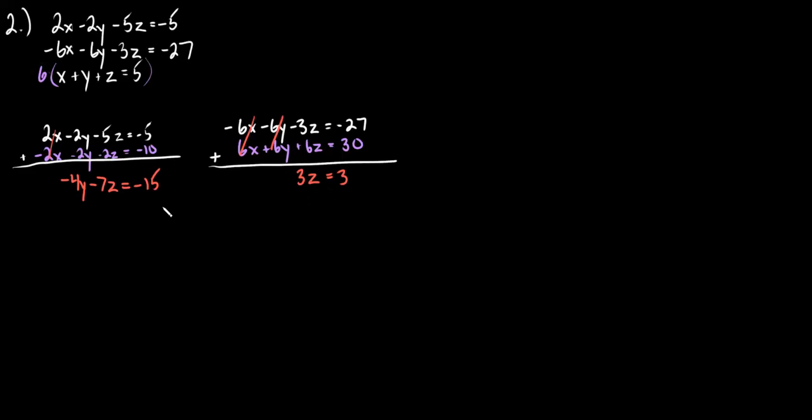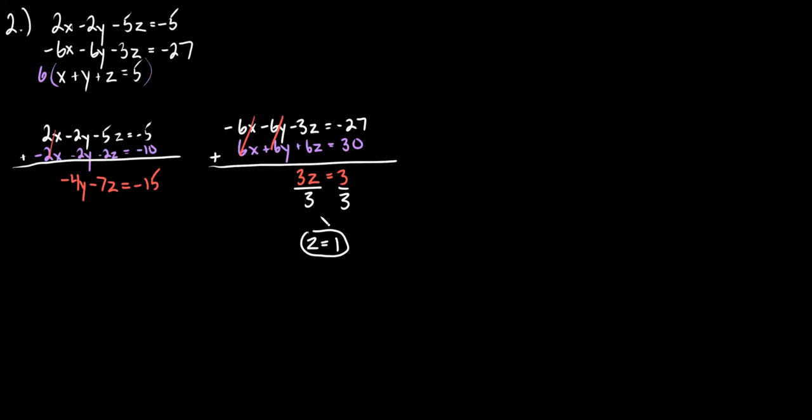That makes our problem a whole lot easier because otherwise I would have had to go through a whole extra set of canceling out using elimination or substitution. But now, since both canceled out, I have 3z equals 3. I can quickly solve for z by dividing each side by 3 to get z is equal to 1.